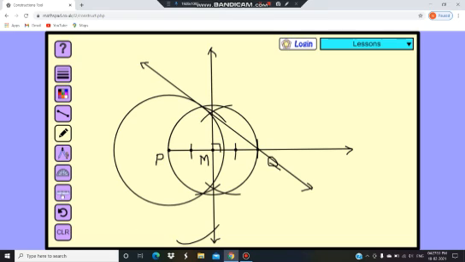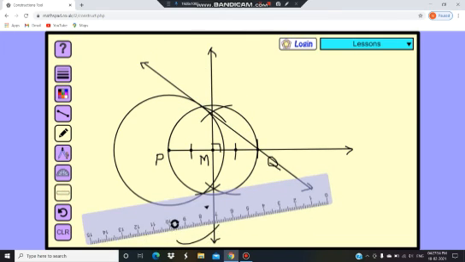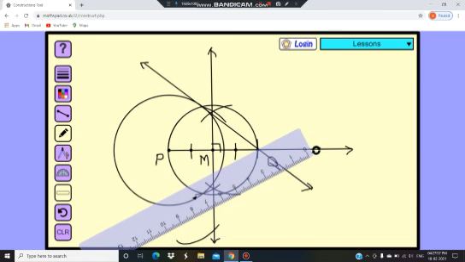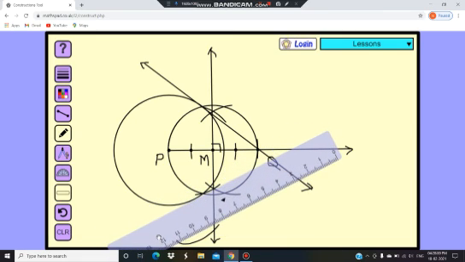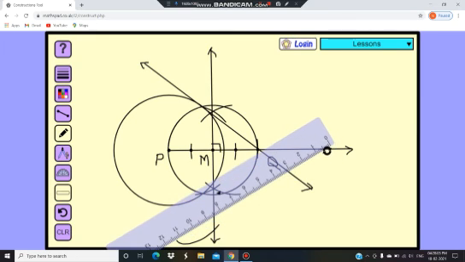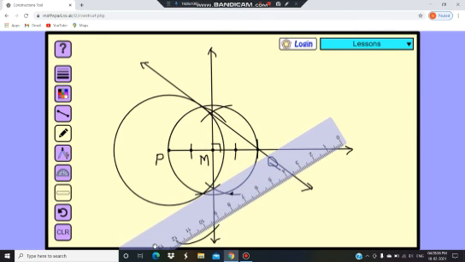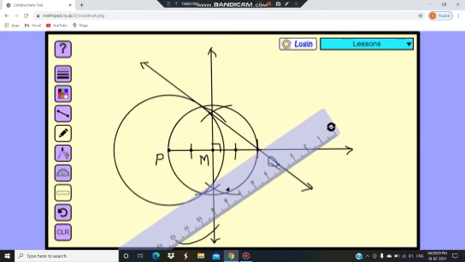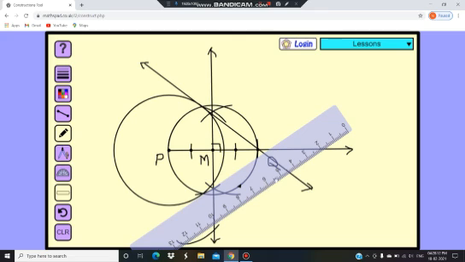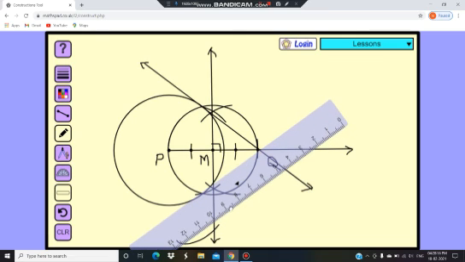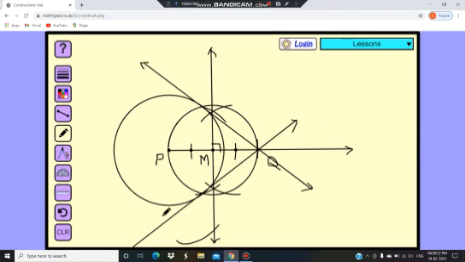Same way in the downward direction, through the point Q and where both the circles are intersecting each other in the downward direction, through that point also we have to pass one line. So pass this line, and show arrows on both sides.